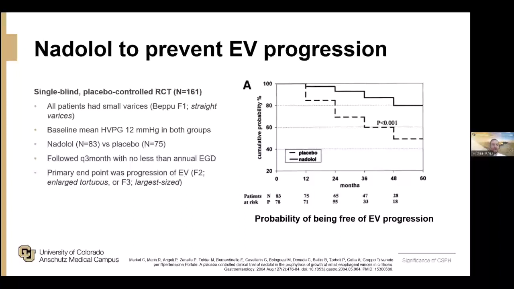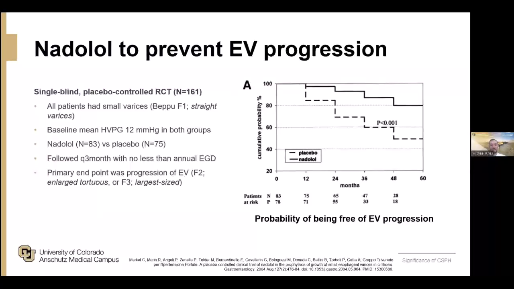They were then given nadolol or placebo and followed every 3 months with no less than an annual EGD. And the primary endpoint was progression of varices, but again, based on qualitative criteria of either enlarged tortuous varices or, quote, largest sized varices. Now, on the right, you can see the Kaplan-Meier curve, and there's a clear benefit to nadolol.